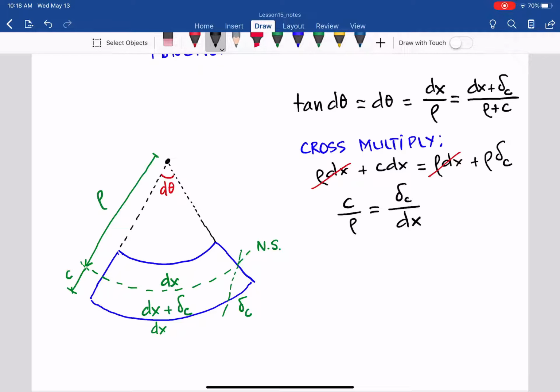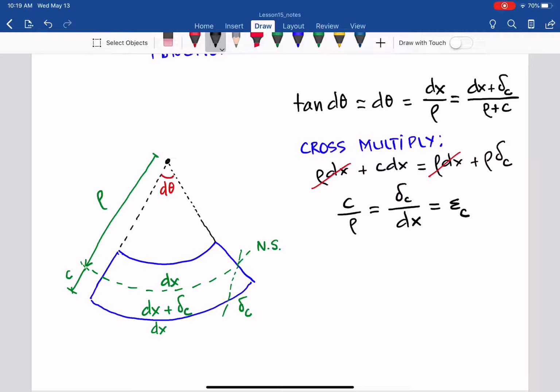You can see this is the ratio of the deformation over the original length. Do you recall that? That is the normal strain. At the outermost fiber, I call that epsilon c.